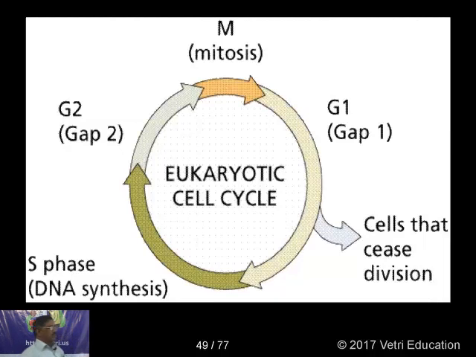Here the cell cycle is given. Actually I will explain these things later. A eukaryotic cell has different phases, G1 stage, then DNA synthesis, formation of the remaining cells, and mitosis takes place. In this mitosis you have different phases.